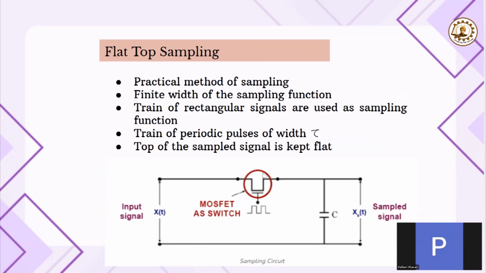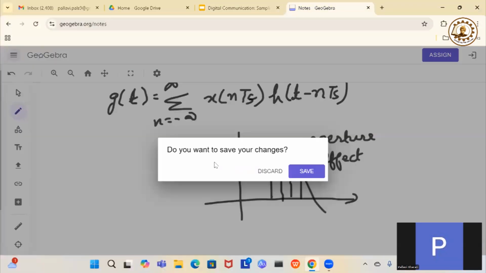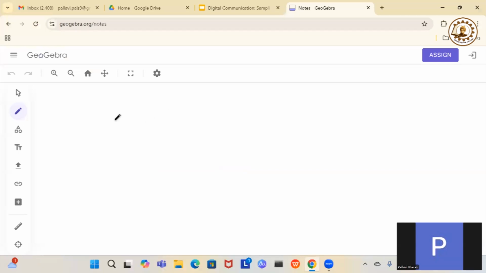That is, one switch can be for this better diagram. I'll give this for this one. There can be a sample and a discharge switch. So I'll show, this is not the appropriate diagram. Just one minute. Just take this diagram for the flat top sampling. What you can do is take this one.